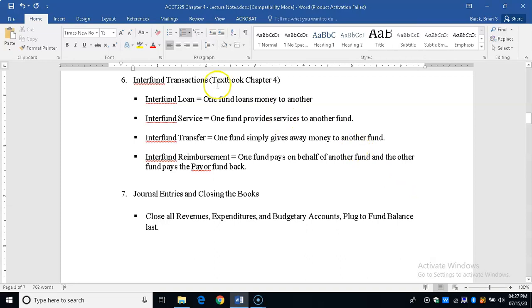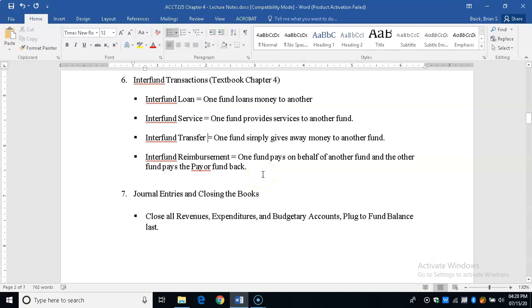Next, you should know that governmental funds can do business with one another. Okay, so if one fund loans money to another fund, we call that an interfund loan. Those all mean the same thing. If you have one department that provides services to another department, for example, the printing department is going to provide brochures to the accounting department, then that's called an interfund service.